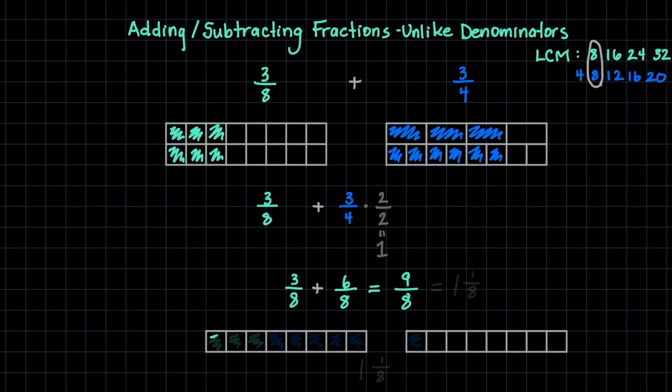Okay, we start with 3 of these eighths, and then we add 6 more eighths to it. So our final answer is 1 whole and 1/8. So 9/8 is equivalent to 1 and 1/8.